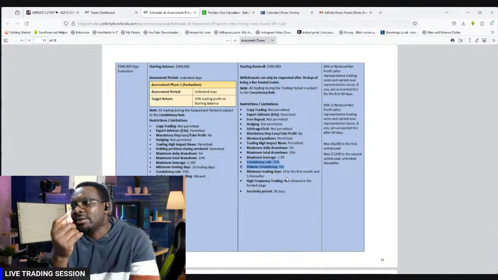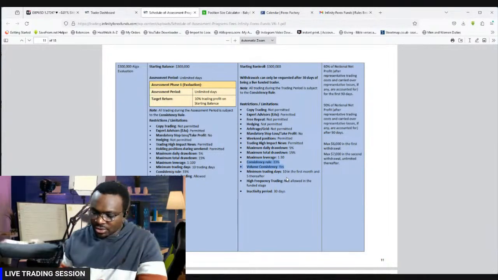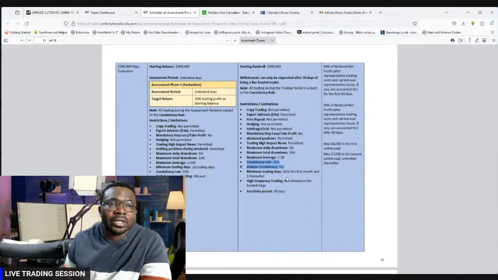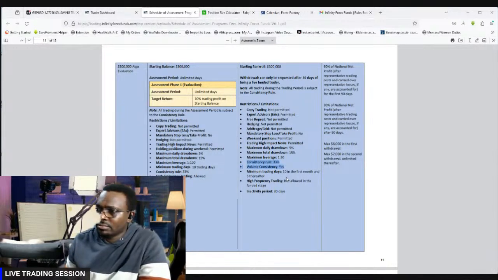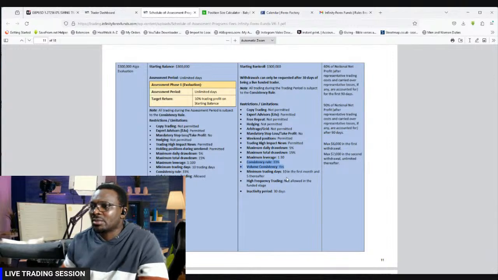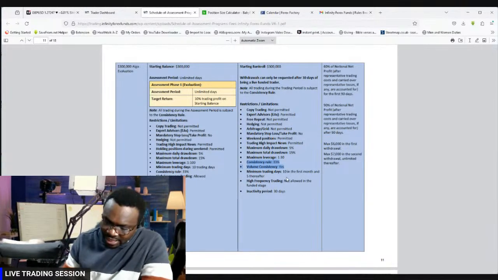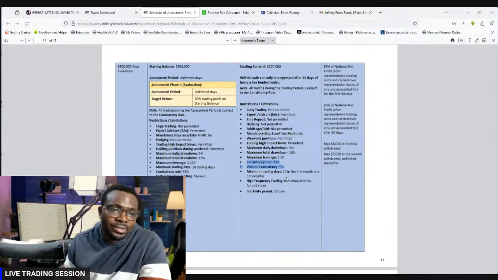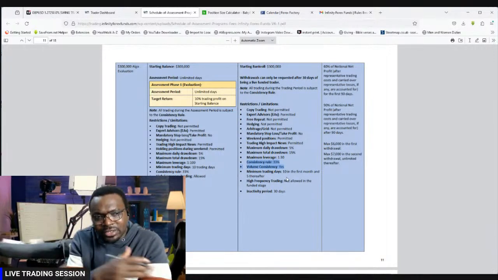So I think the only solution is to try and use one particular lot size over and over again. Just be consistent with one particular lot size, and that can help. If you use one particular lot size on your trades, you can avoid the volume consistency rule.